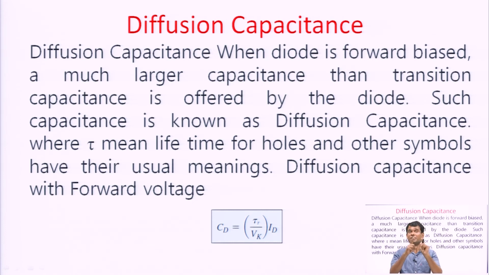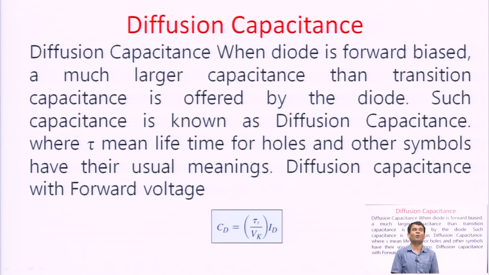If this process is mismatched, there will be a storage of majority charge carriers, and this storage happens due to the mismatching of diffusion and recombination.